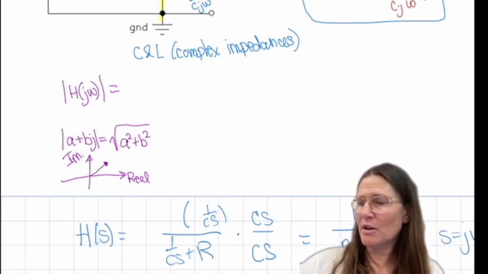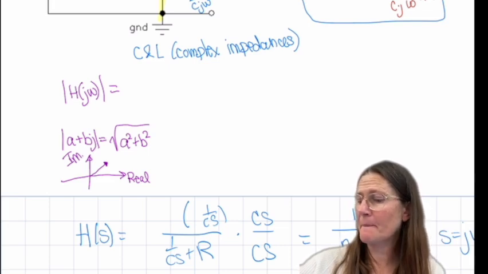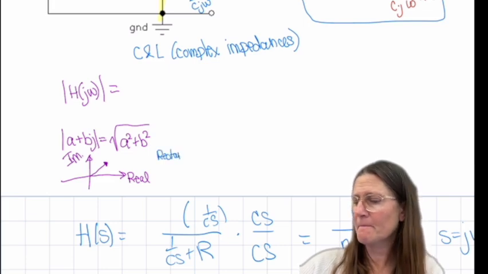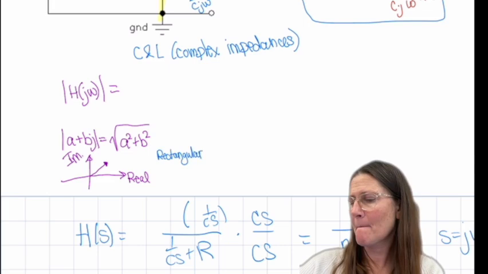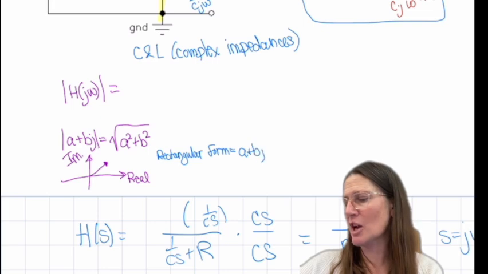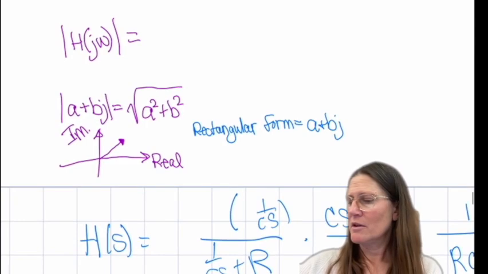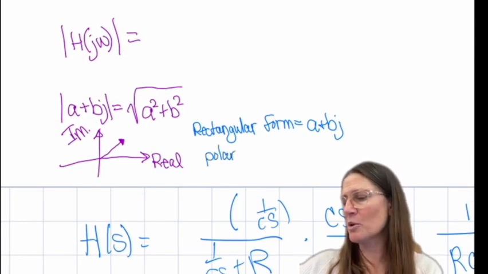One of them is in rectangular form, which is what I wrote, A plus BJ. Or you can use the polar form.